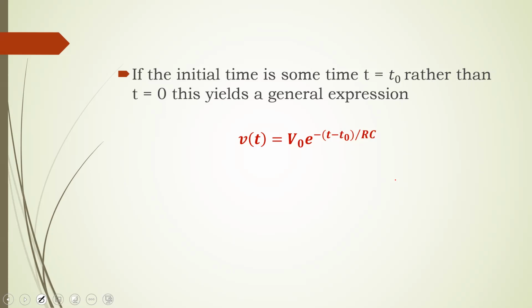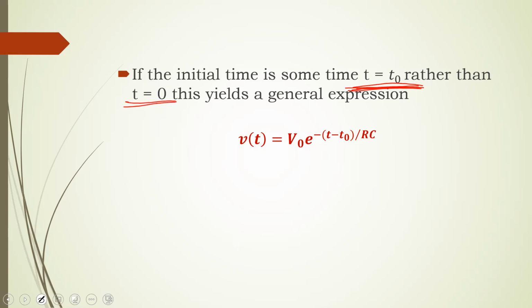Sir, could you please restate why we would use this equation? It's right here. We say if we start looking at t equal to t0 rather than t equals 0.